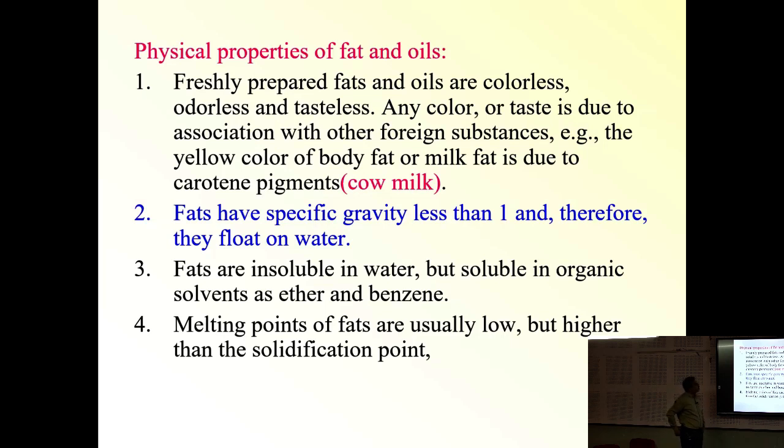So any color or taste is due to association with foreign substances. The yellow color of body fat or milk fat is due to pigments. If it is cow milk or cow ghee, you can differentiate; you will find yellow color there, but not here. That is due to carotene pigments.